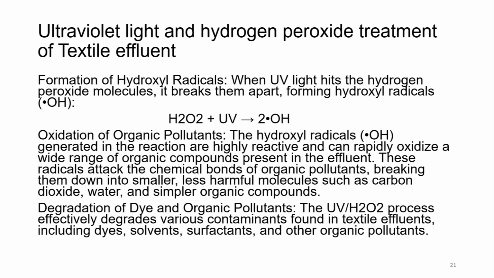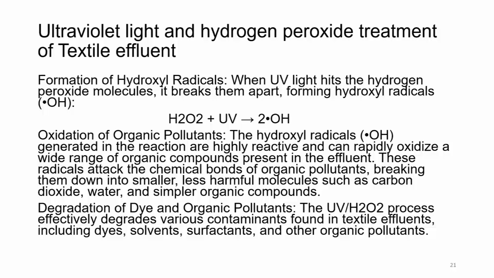Degradation of dye and organic pollutants: the UV hydrogen peroxide process effectively degrades various contaminants found in the textile effluent, including dyes, solvents, surfactants and other organic pollutants. So, it is not that this hydroxyl radical can only work on the dyes and organic pollutants, it works on surfactants, solvents and other organic pollutants as well.